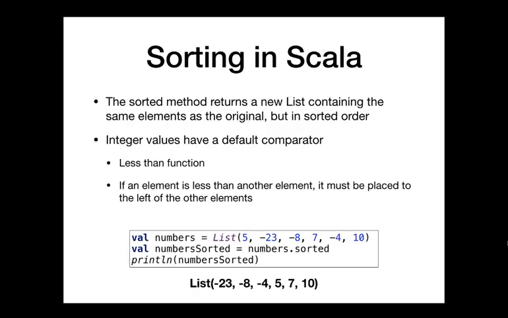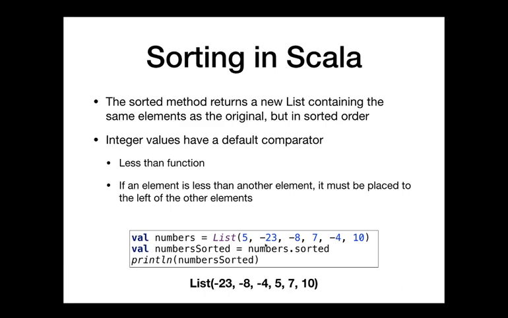So with this, we use a default comparator, which is actually the less than function, is the default comparator for sorting ints and doubles. Whenever two elements need to be compared to be able to determine their order of each other, the less than function is applied. So if I need to know, does 5 go before 23? I'm going to check.